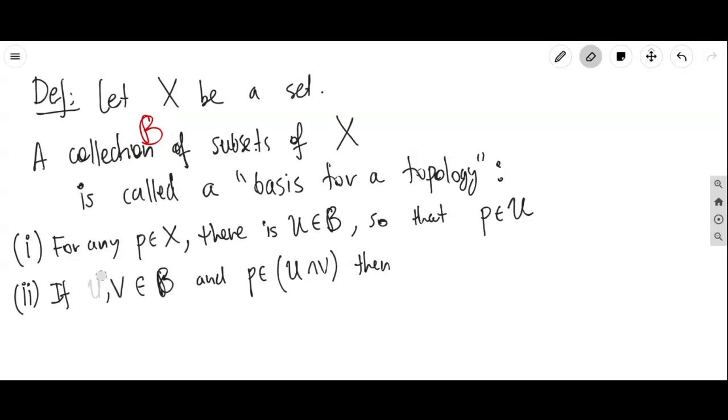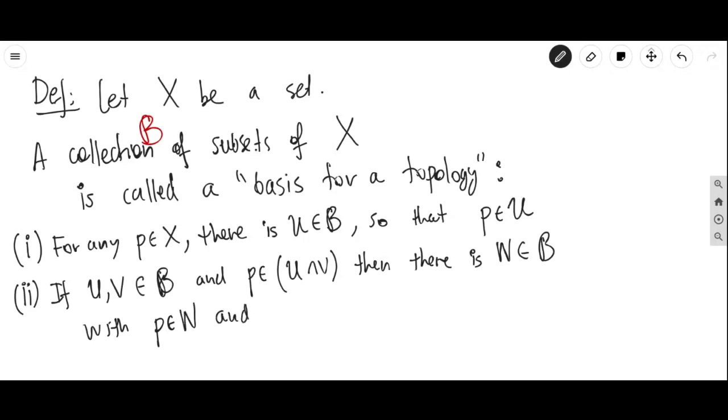So instead, it has a slightly different property: if two things belong to your basis, and there's a point that is in common to their intersection, we're not necessarily going to say that this intersection is back in the basis, because this is not necessarily a topology. Instead, there is a W in the basis with the point in W, and W is smaller than the intersection.